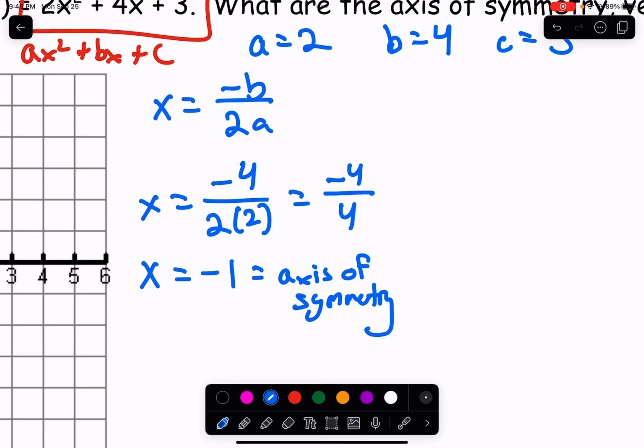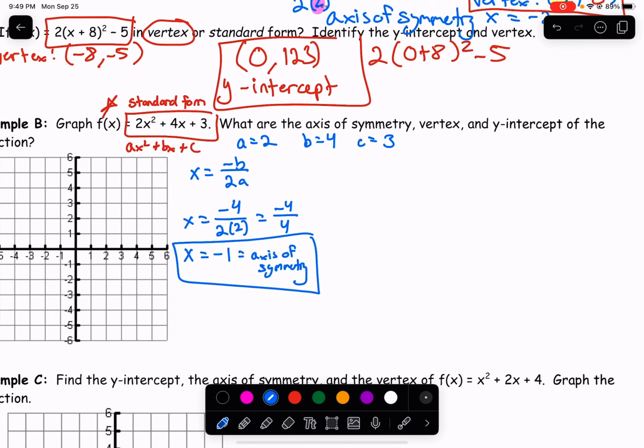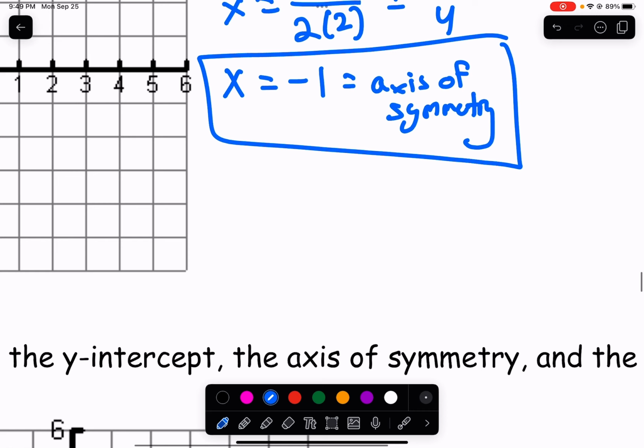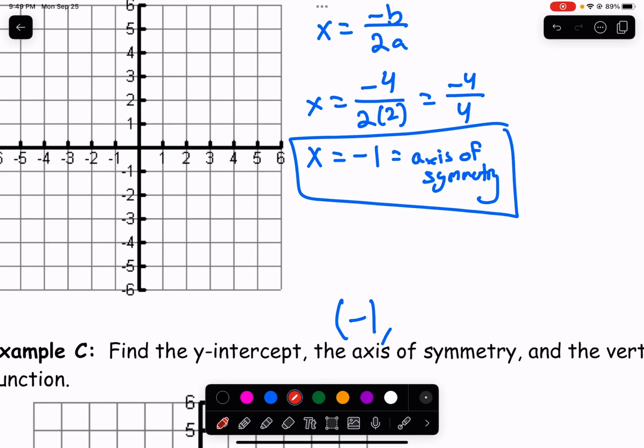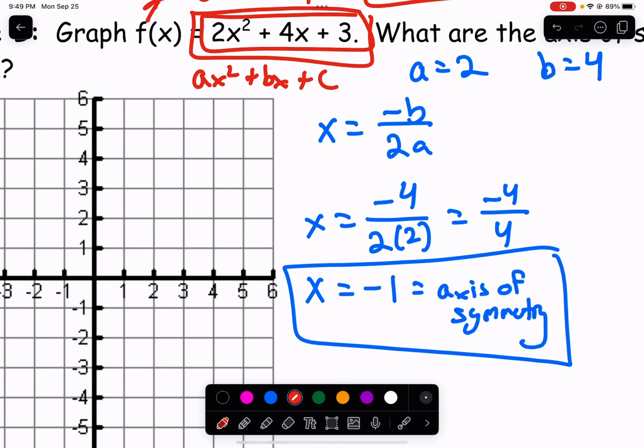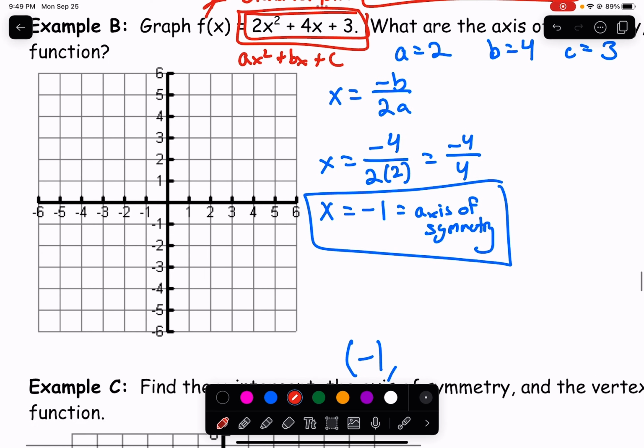All right, so that is the first piece of information we got here. The next thing they want us to find is the vertex. Now, we've already found part of our vertex. If you recall, the axis of symmetry gives you the x value of your vertex. To find the y value, we need to plug a -1 into this function. So we're going to do 2 times -1 squared plus 4 times -1 plus 3.